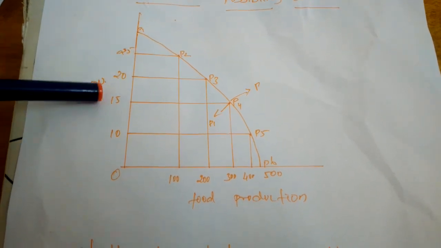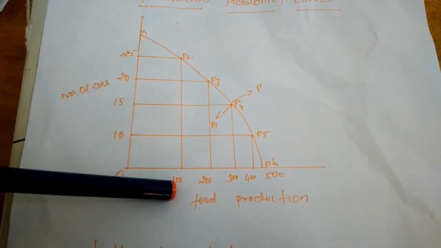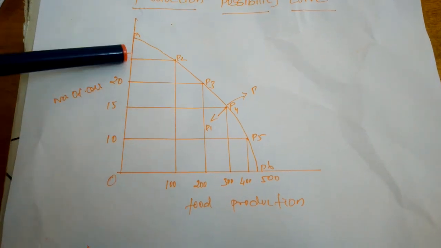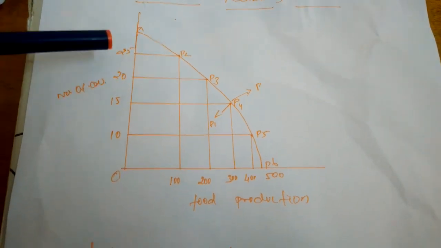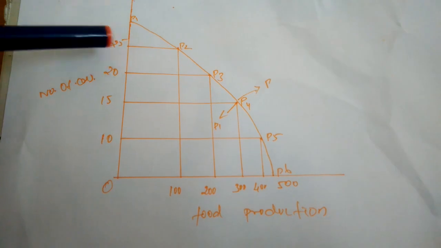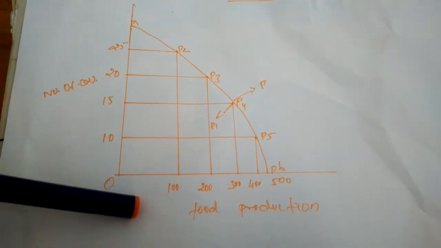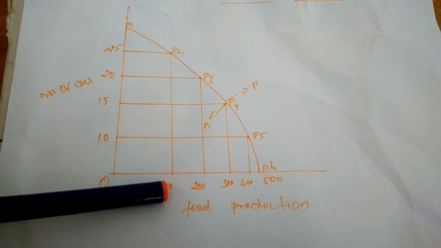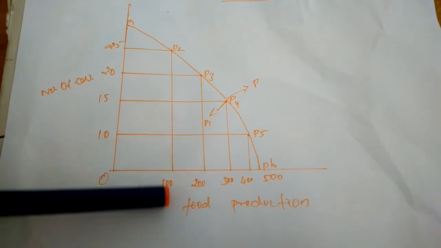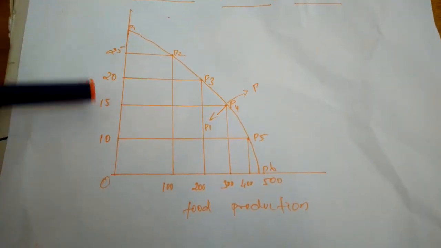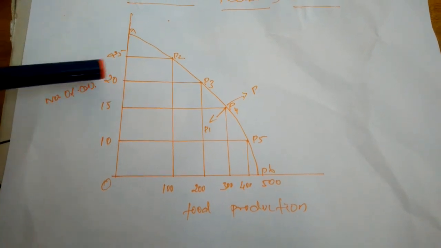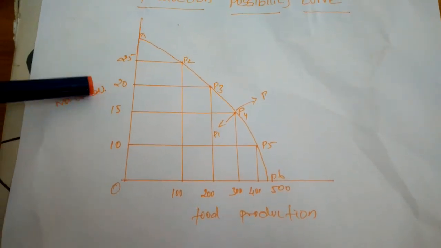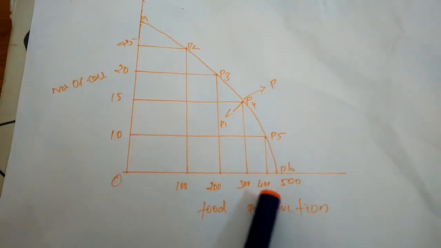Otherwise, if it wants to produce food, the nation must reduce car production from 25 to 20, and using the remaining resources it will produce 100 units of food. Whenever the government reduces the resources used for producing cars, we can use the remaining resources for food production.